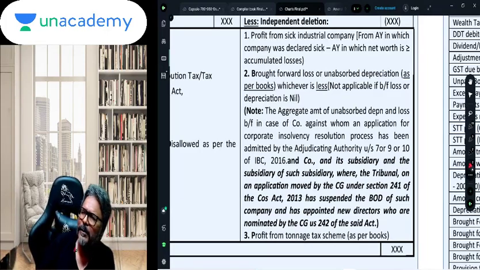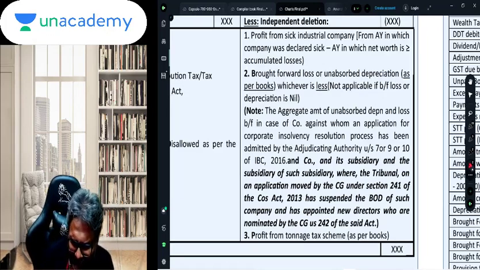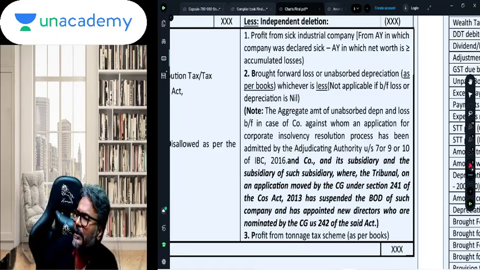Till that point it is considered a sick company and there is no MAT. But the moment the net worth is equal to or greater than the accumulated losses, it is no longer considered a sick company, and accordingly the MAT provision becomes applicable.